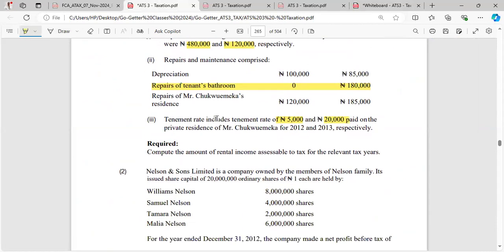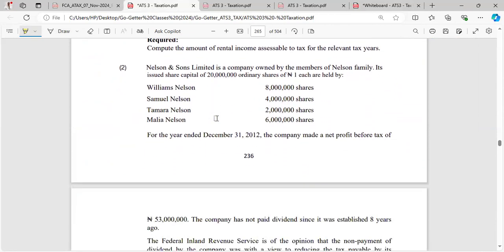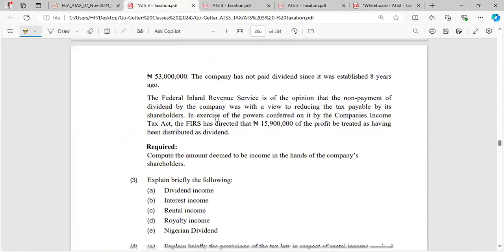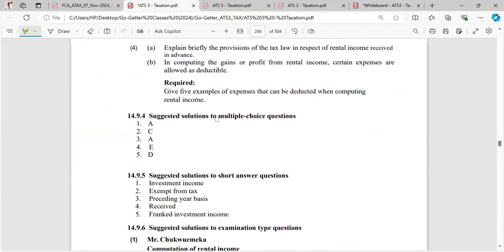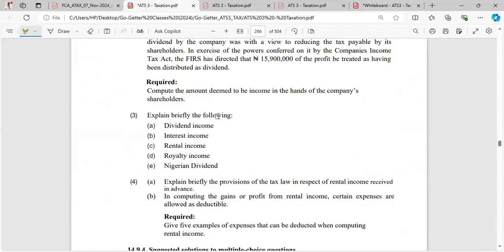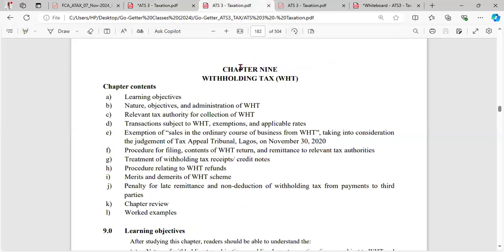In our next class, we will be solving some more questions on investment income, dividend income, and perhaps royalty. That will mean that we'll be taking another topic called withholding tax.